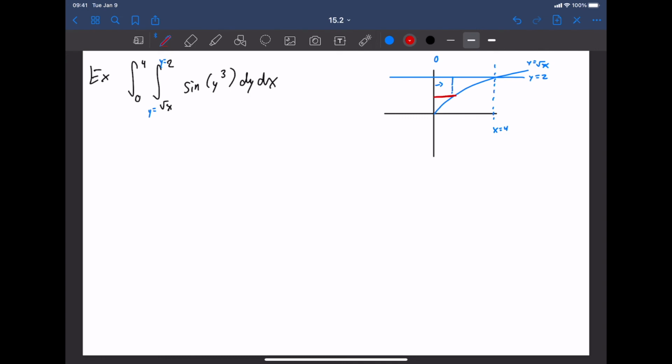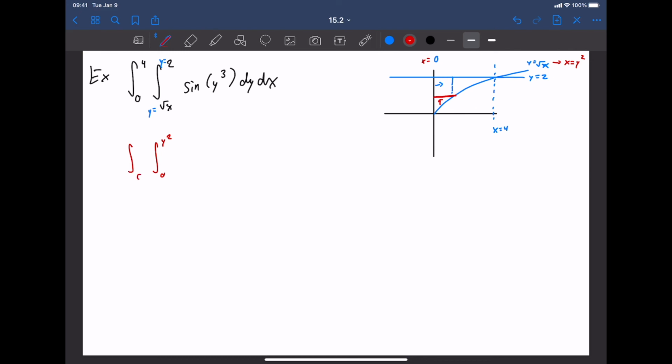Yes. All it takes is redefining this to be x equals y squared. This is still x equals 0. So 0 to y squared. And then we want to think about how we are going from top to bottom.